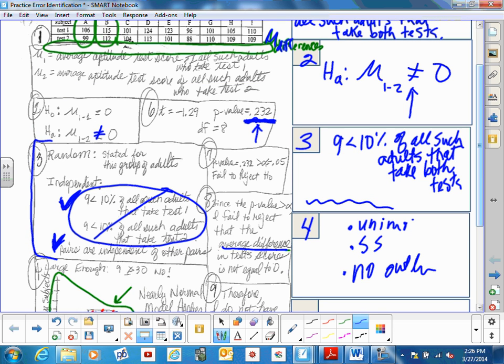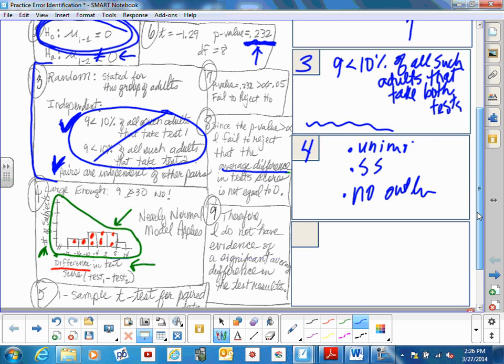No, I am not failing to reject this. I fail to reject the null hypothesis. So there's a statement incorrect here. This should not have the not in there. So number 8 should read is equal to.